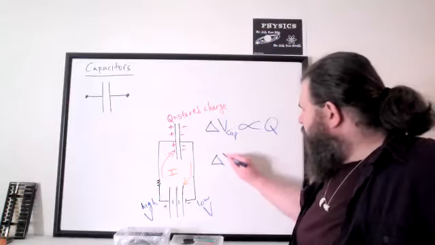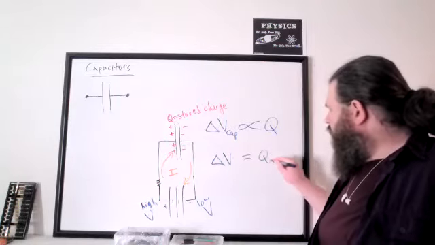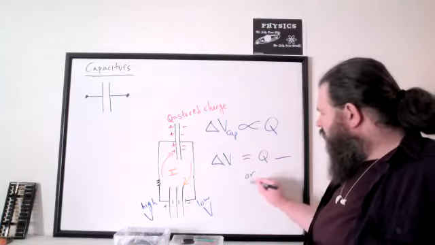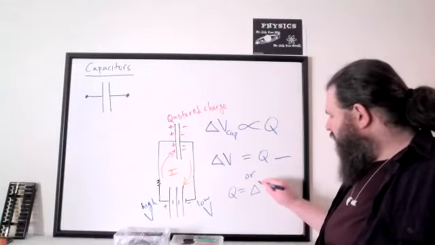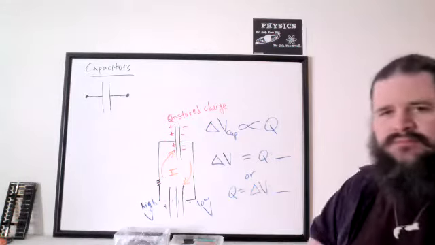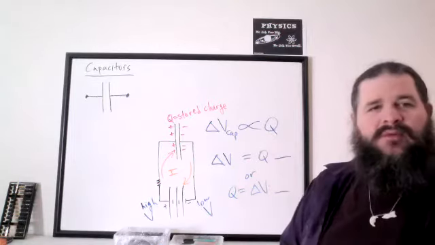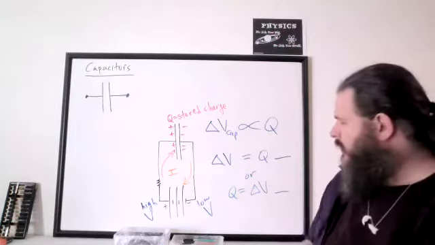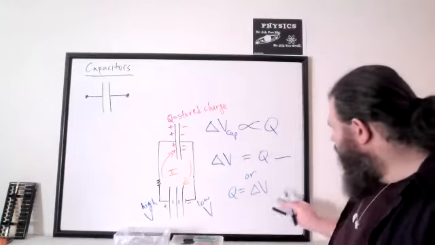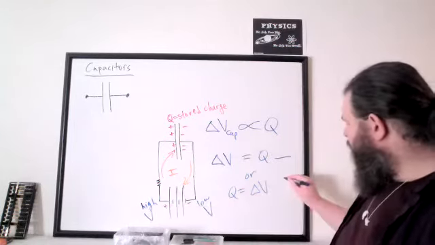So we can say delta V equals Q times something, or we could say Q equals delta V times something. Because the whole idea of two quantities being proportional is that one of them equals some constant times the other. So the way we set up this constant is you can define this idea called capacitance.